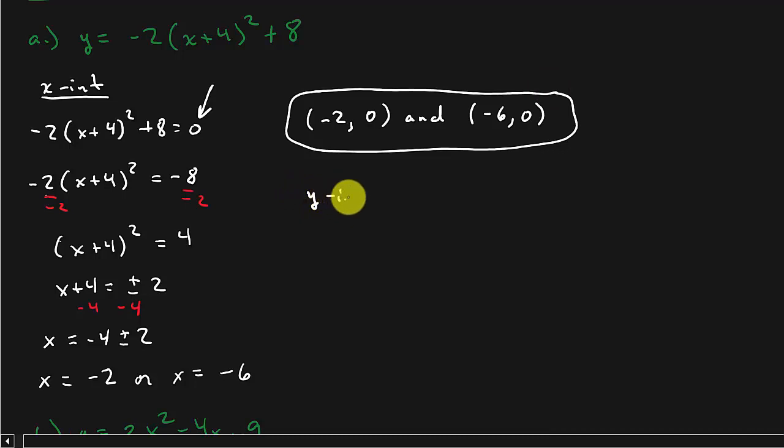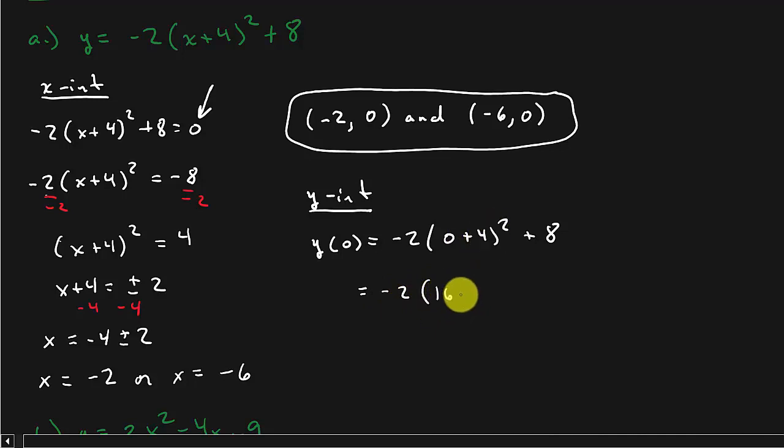So the y-intercept, well, we just evaluate this function here at 0. So y of 0 is equal to negative 2 times (0 plus 4) squared plus 8. And so that's going to be negative 2 times, 0 plus 4 is 4, and 4 squared is 16, plus 8.